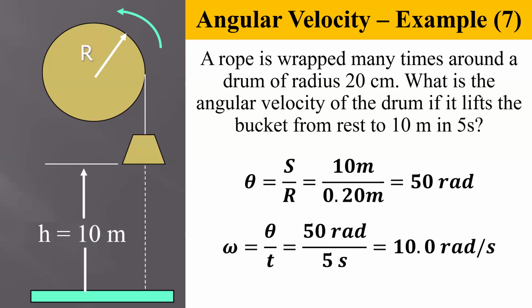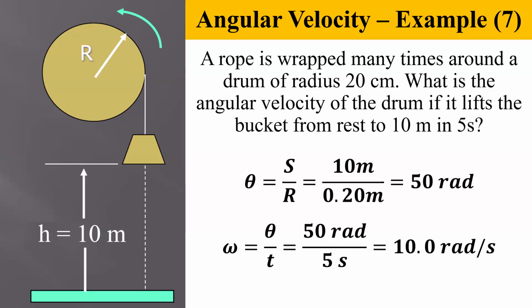So it means it makes a 50 radian angle. Since you have the angular displacement, omega, your angular velocity, is equal to the rate of change of the angular displacement per unit time.